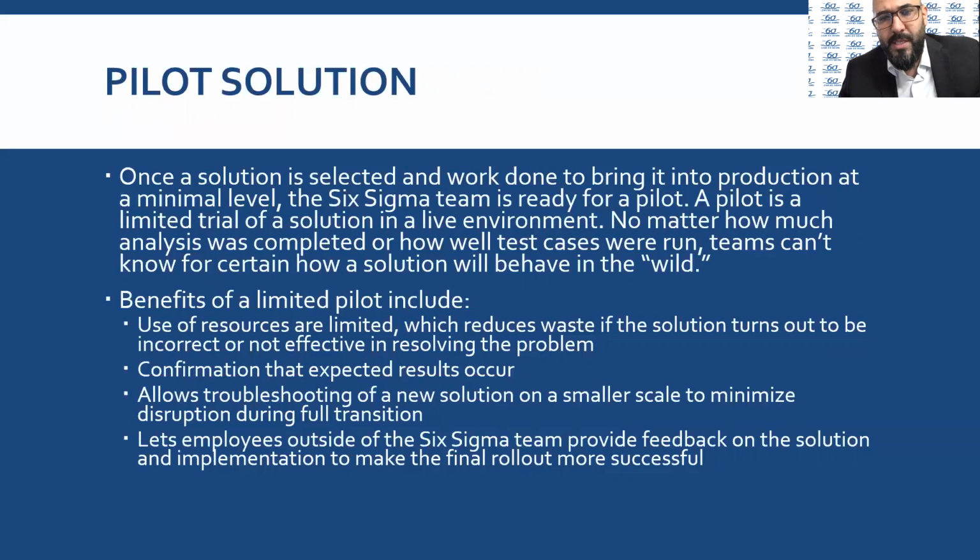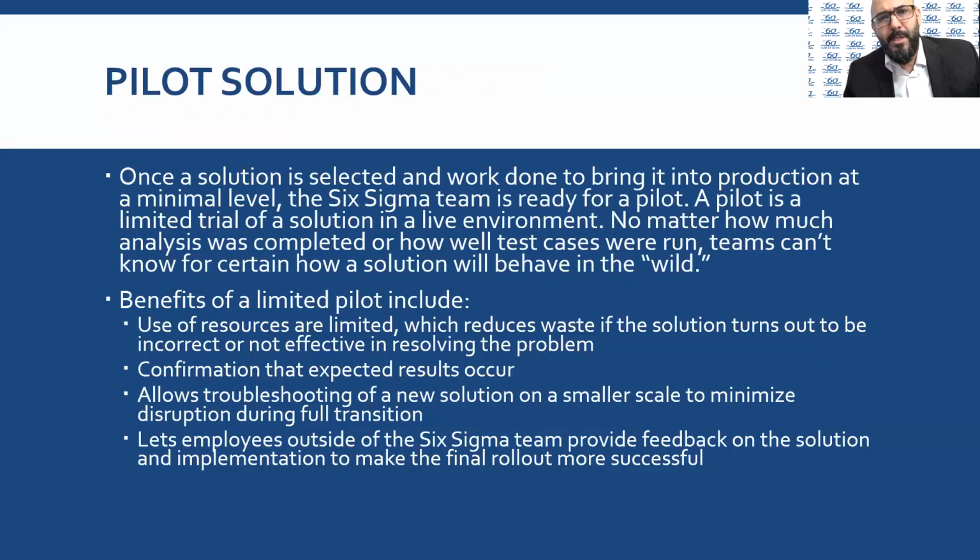The second benefit is confirmation that expected results occur. You have a very strong, powerful tool saying, okay, I did try it on this XYZ, so for sure this is going to work in another environment or another production line. Third, it allows troubleshooting of a new solution on a smaller scale to minimize disruption during full transition.